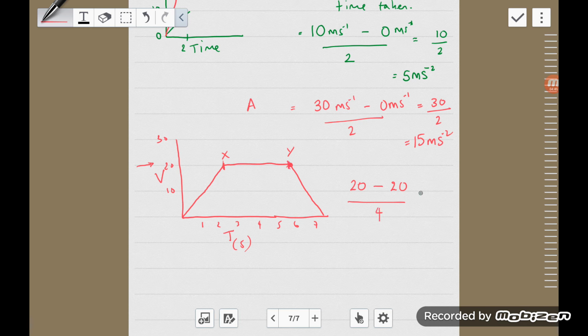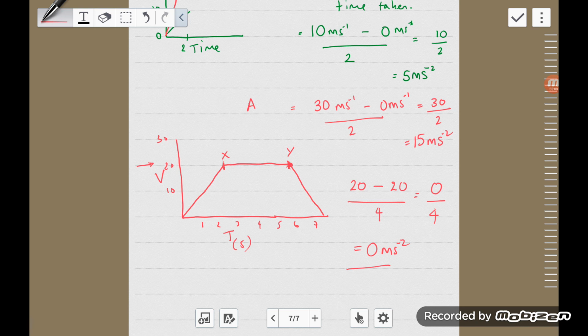So that's 4 seconds. 20 minus 20 is 0, divided by 4 equals 0. And you can see that this is a tricky way of them saying what's the acceleration between then and then. 0. There's no acceleration, because you can see that it's constantly stayed at 20, which means it was going at a constant velocity. There was no acceleration.